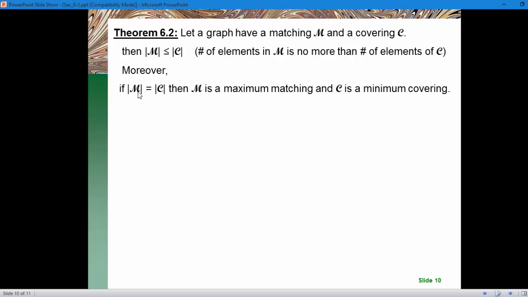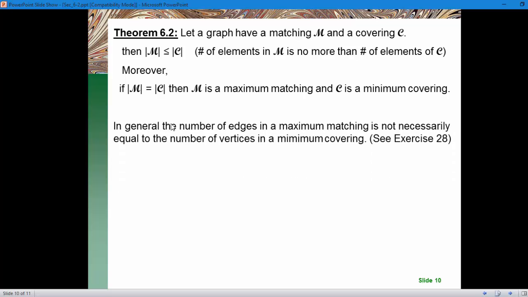Just to illustrate, if you found a matching that has 5 edges, and you found a covering that has 5 vertices, then that covering is a minimum covering, and that matching is a maximum matching. So if you have equality in the number of elements, the theorem guarantees that that matching is a maximum matching and that covering is a minimum covering.